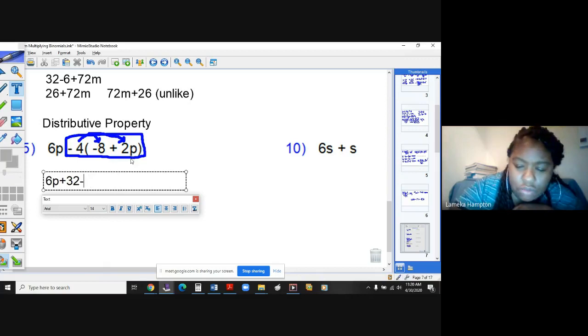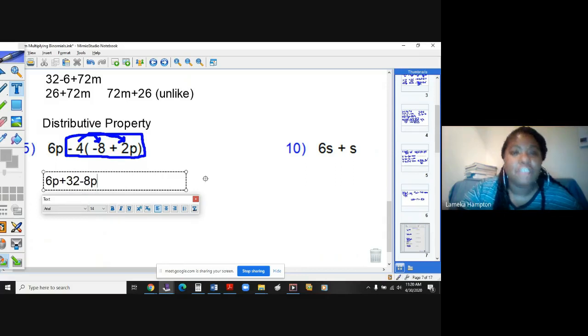So when I do my distributive property, my negative times my negative gives me this +32, and then my negative times this positive 2p gives me a -8p. So we are really reinforcing those integers. Remember, integers are just positive and negative numbers. Can't get away from it. Algebra is nothing but integers, okay?